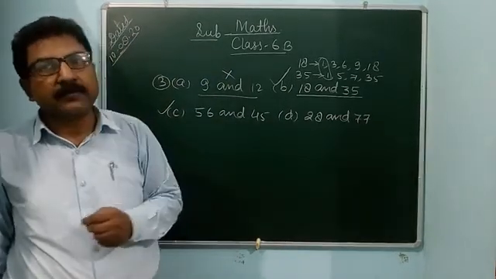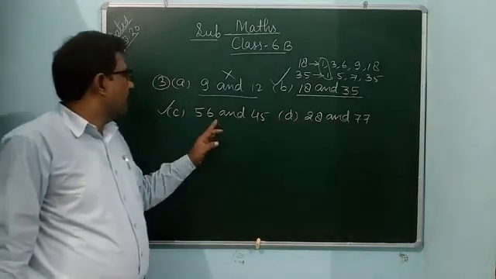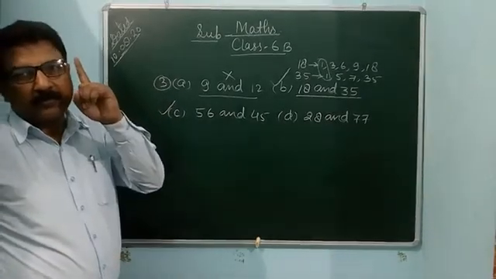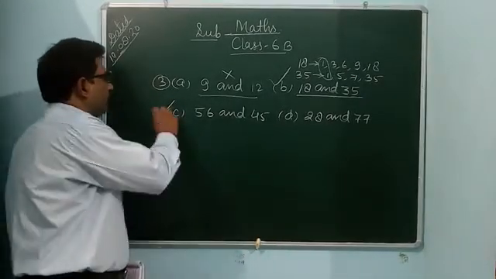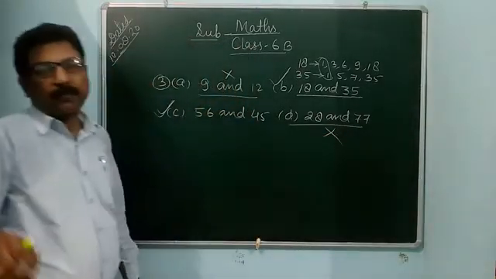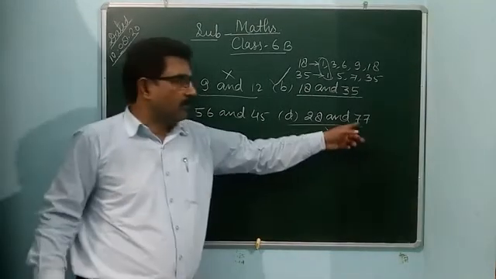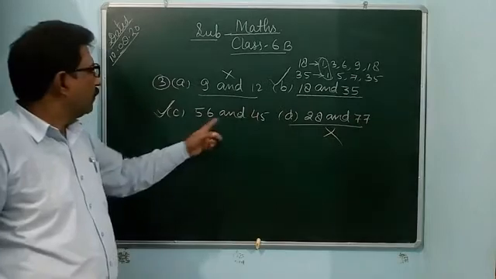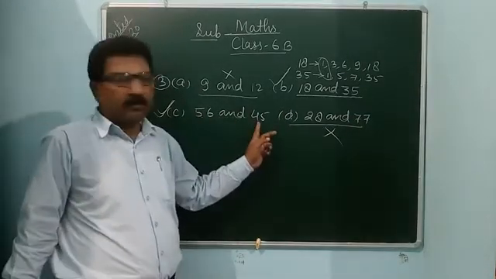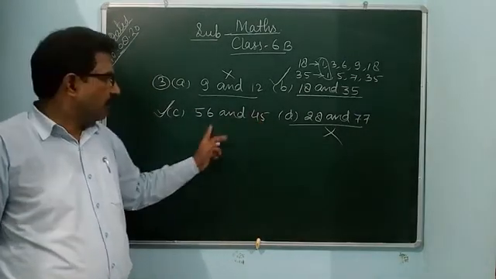There are two common factors, so it is not coprime. In 56 and 45, only one common factor you can find, so that is coprime. You can find the factors in your rough copy and see that it has only 1 as the common factor.